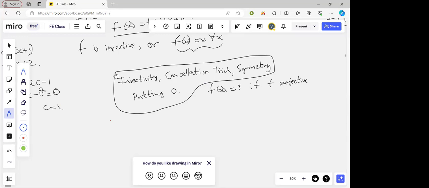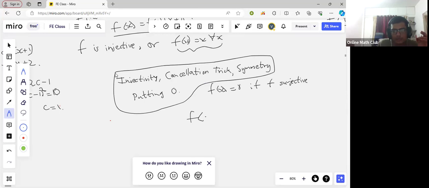Right. Let's assume we are in real numbers and we have f of something is equal to, let's say, y plus something, and this contains no y term, for example. Then this is a way we can deal with surjectivity.